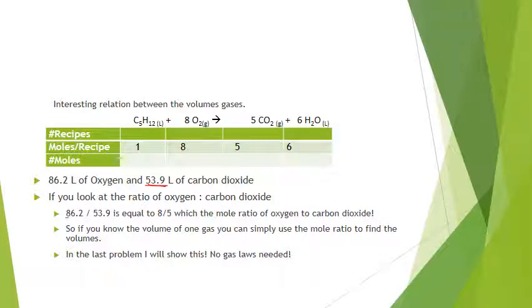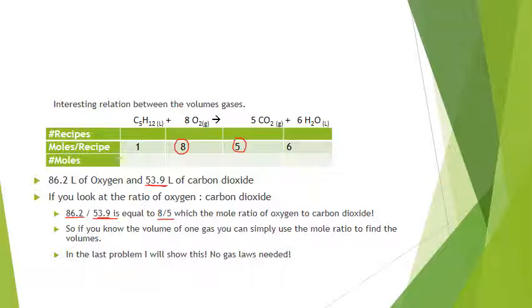If you look at that ratio, 86.2 divided by 53.9 is equal to 8 over 5, which is the ratio of the moles per recipe.